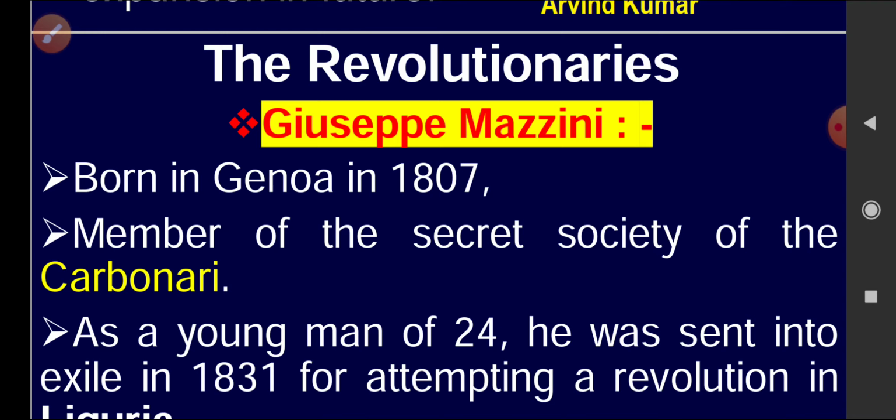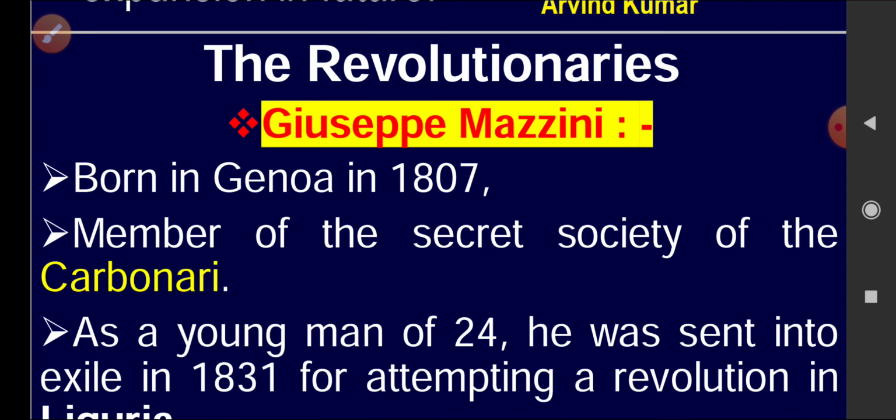He remained a member of secret societies, and one of his important secret societies was Carbonari. He became a member of this secret society. Because of his revolutionary activities, he was sent into exile in 1831 because he attempted a revolution in Liguria.